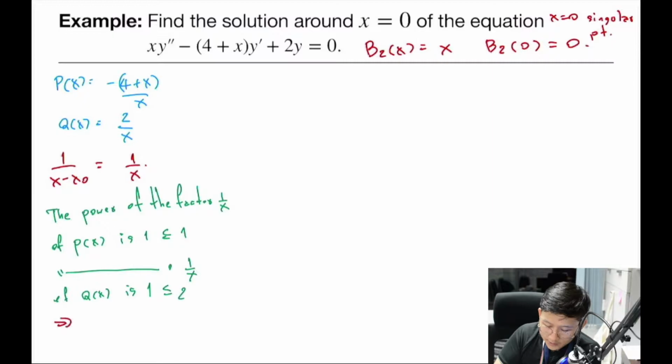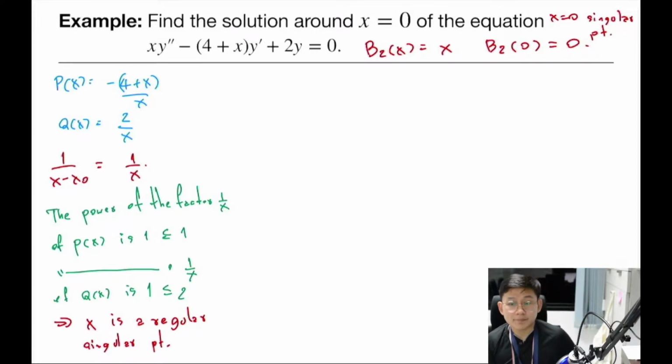That means x equals 0 is a regular singular point. So right now we know that it is a regular singular point.